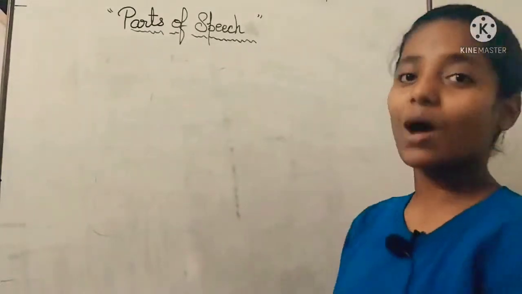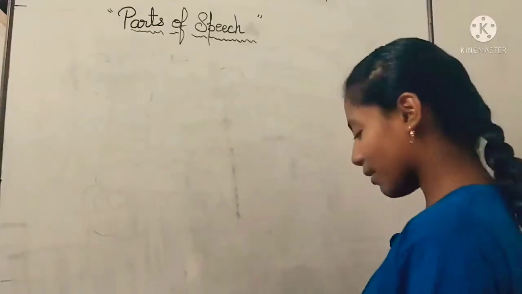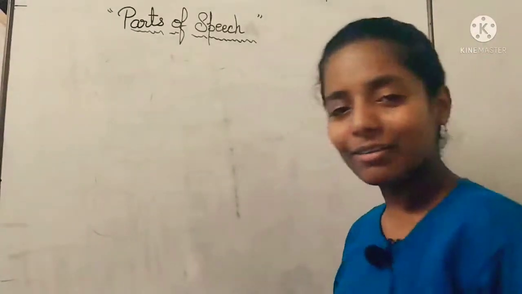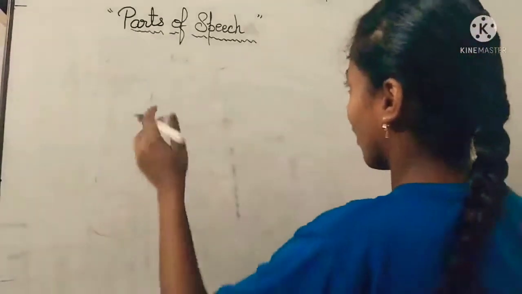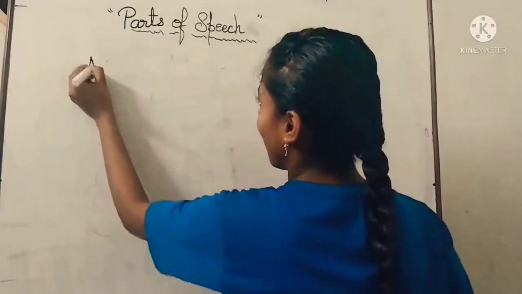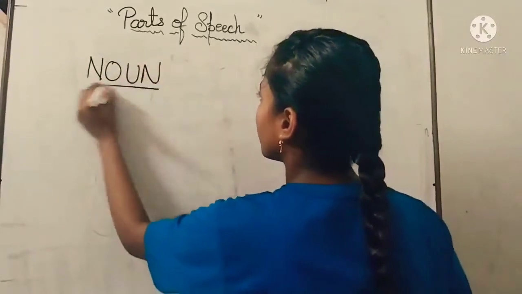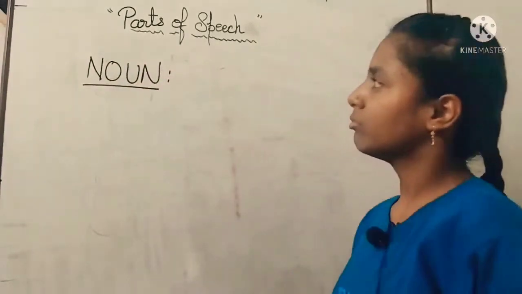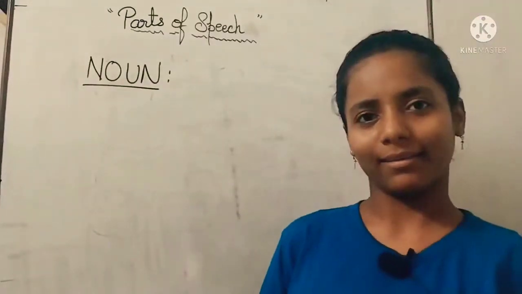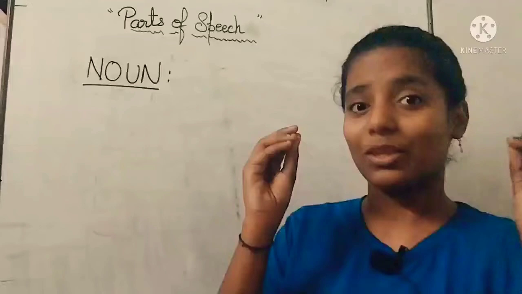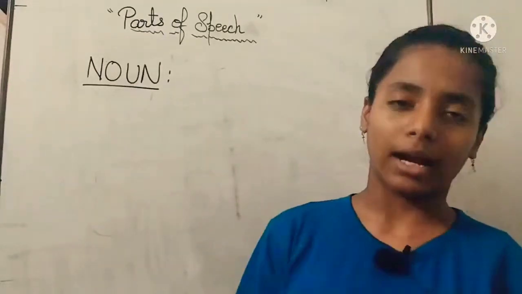Now let's move further with the first part that I told you, noun. Now let's understand the interpretation of noun and what it says. When you hear this word noun, what comes to your mind? You know and are aware of the term noun from very early classes.